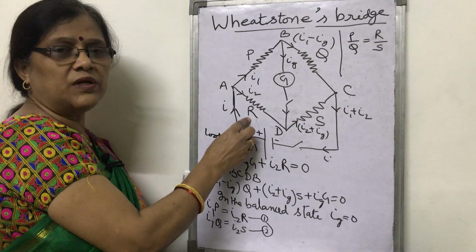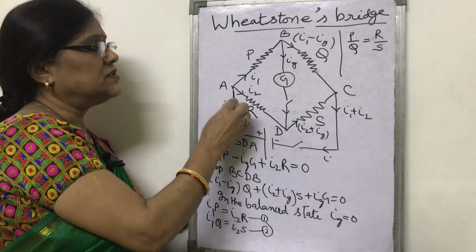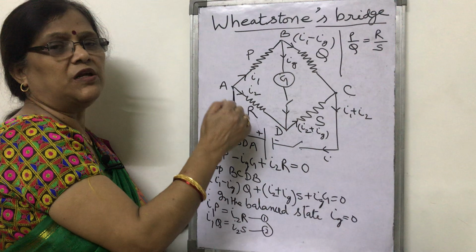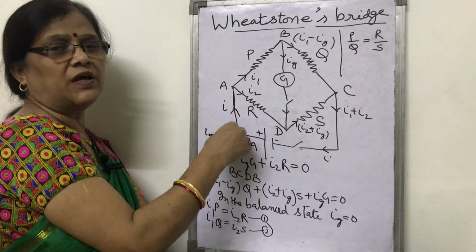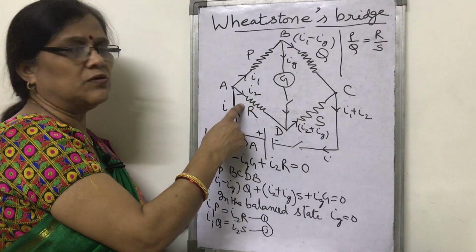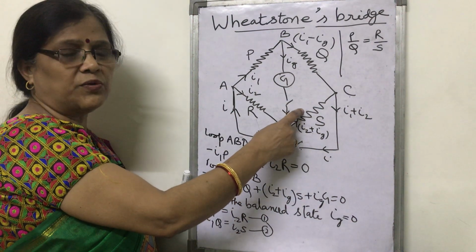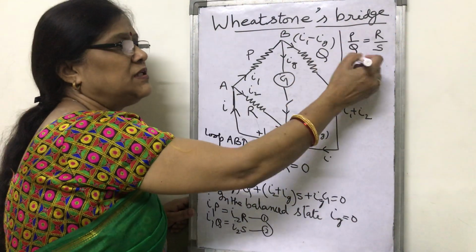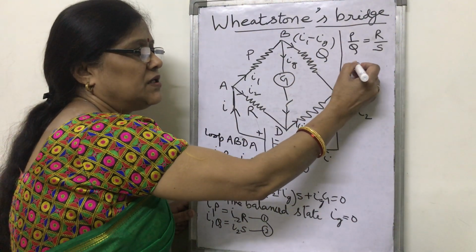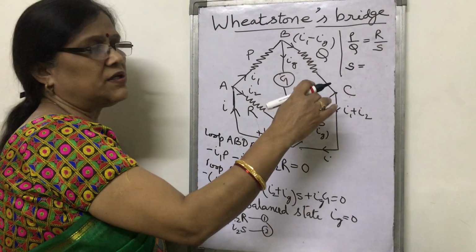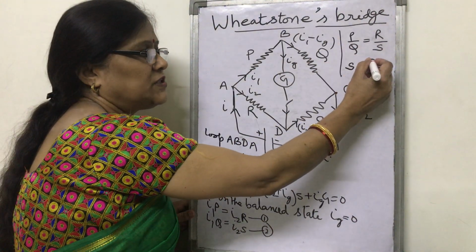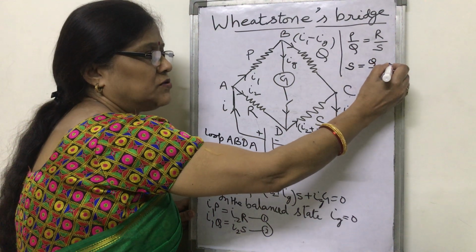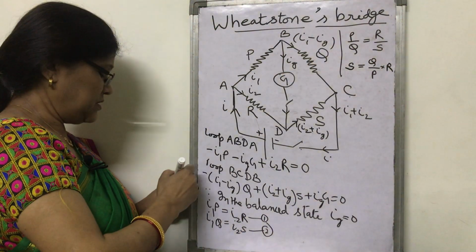This R is the known arm because R is taken as a resistance box in which known values of resistance are inserted. And this S is unknown. As the principle says, you can find the unknown resistance in terms of the other three, so S will be Q by P into R. So S is the unknown resistance.